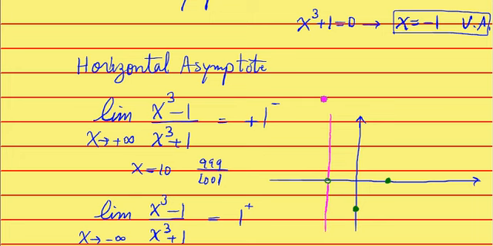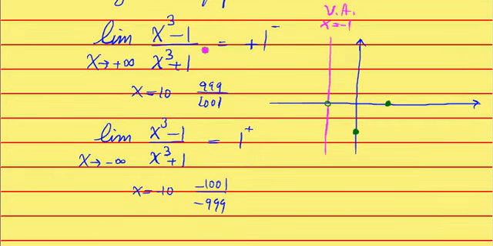So here is x equals minus 1, which is a vertical asymptote. I rushed a little bit here. These two limits tell me that I have the same horizontal asymptote on the left and right. y equal to 1 is the horizontal asymptote, both left and right.